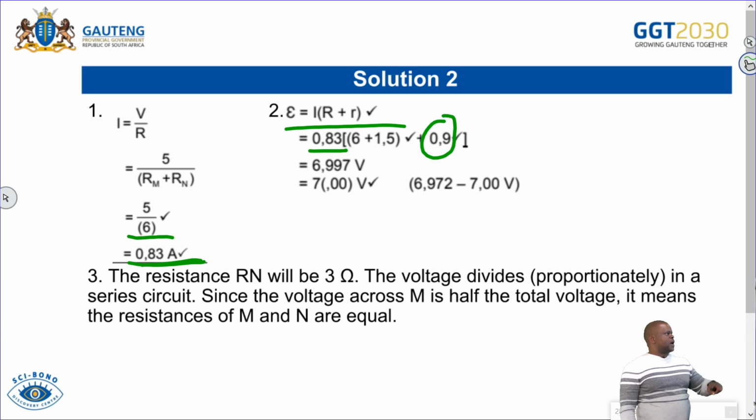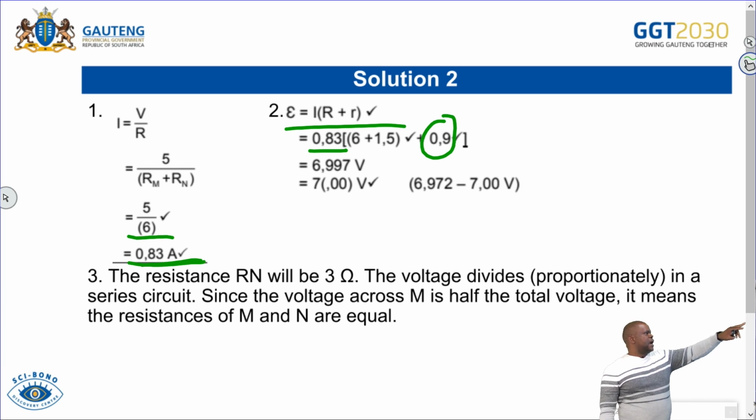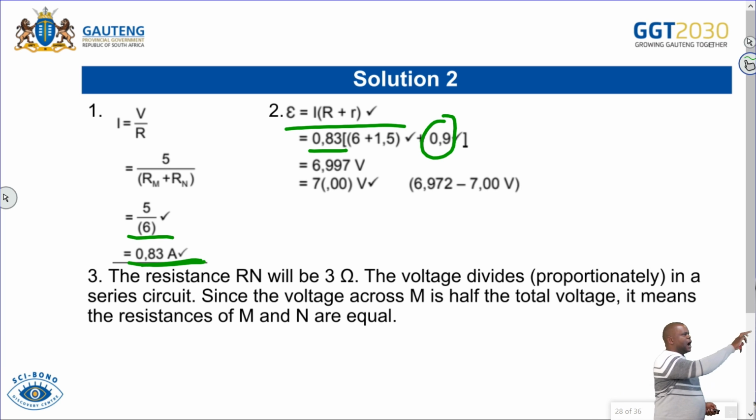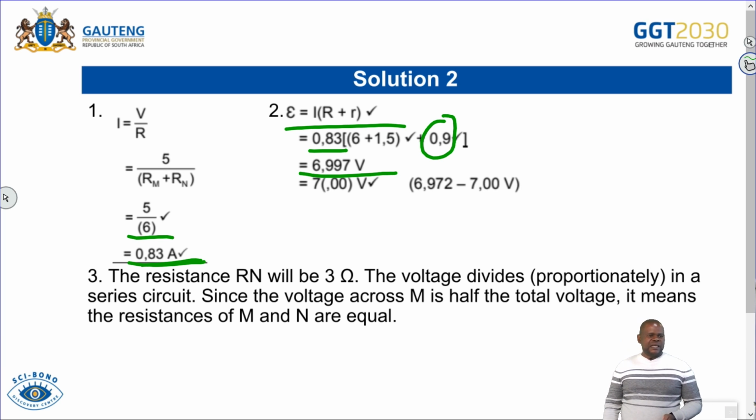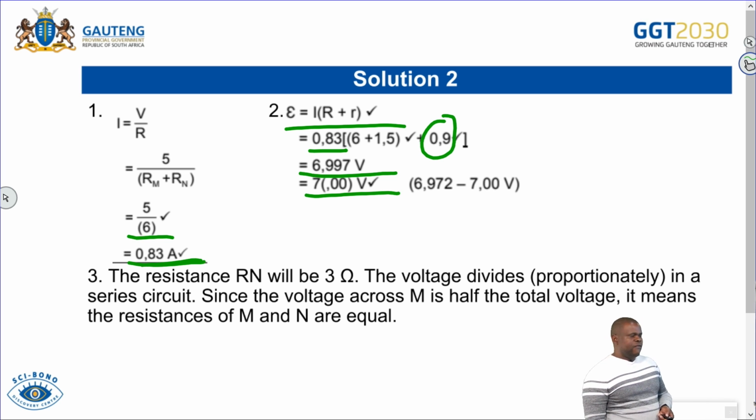Then from there, 6 plus 1.5 is 7.5. Then we multiply that by 0.9. The answer is 6.997. Then when we round off, we get 7 volts. That means our EMF is equal to 7 volts.